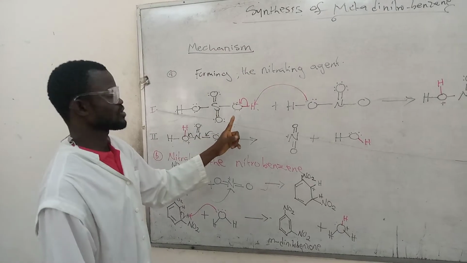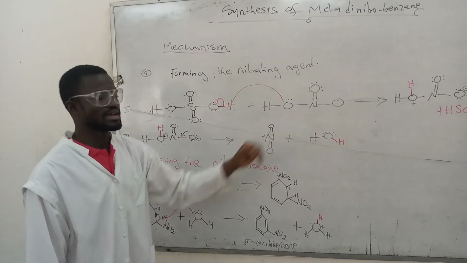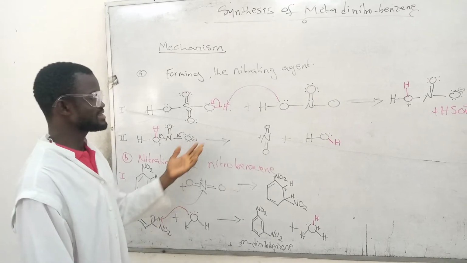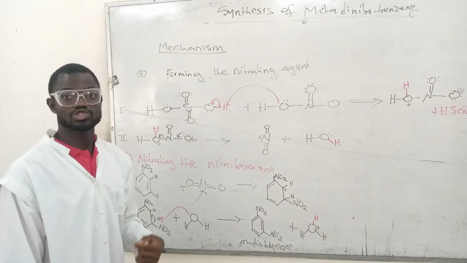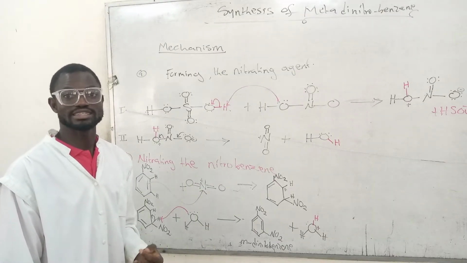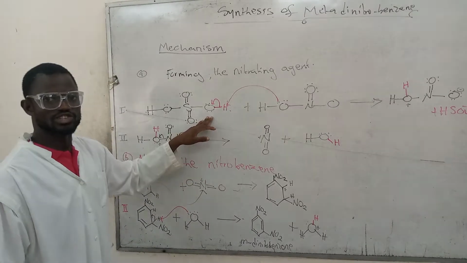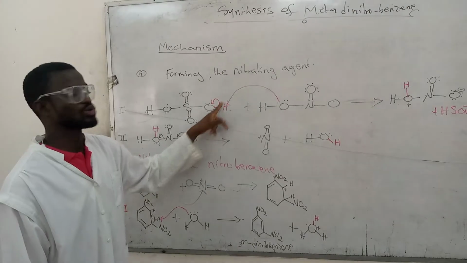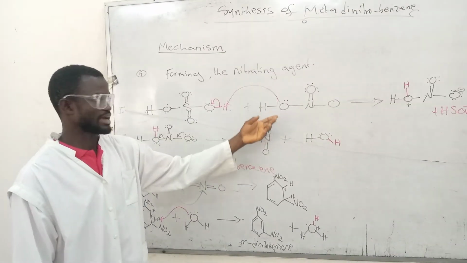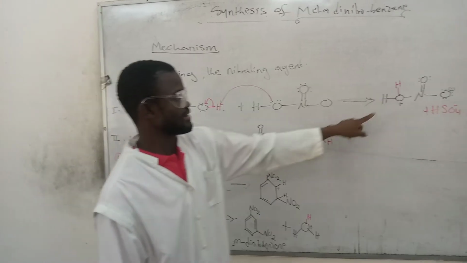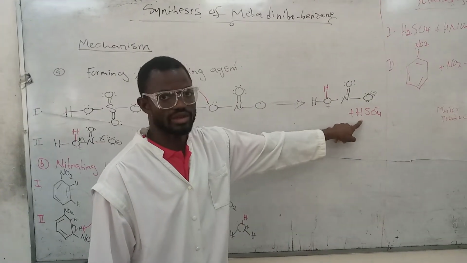Remember that sulfuric acid is an acid, nitric acid is an acid. We know that acids are proton donors, but in this case both of them are acids, so the stronger one becomes the protonating acid. Sulfuric acid, being the stronger one, donates its proton to nitric acid. In the mechanism, we see that the lone pair here takes the proton of the sulfuric acid, and this is what is formed together with this.